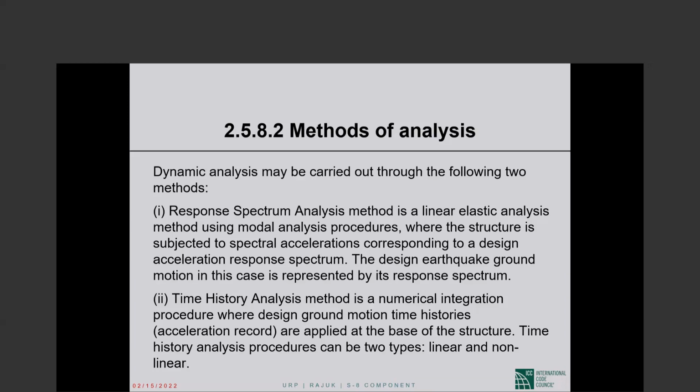So the structure is deforming into a number of deformed shapes simultaneously, and the deformed shape of a structure at any particular instant is the combination of the deformed shapes of these shapes that we talked about.